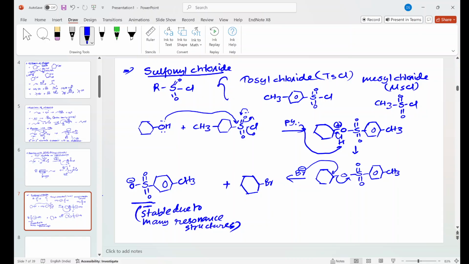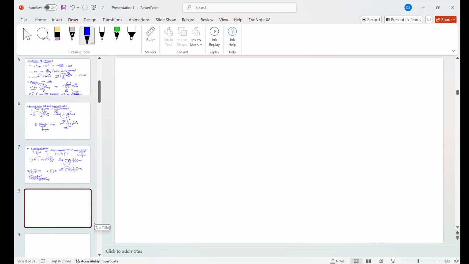Okay, that is why the reaction moves to the forward state. And then, one of the key advantages of these reactions is, you can get the exact stereochemistry that you want from the starting materials using this technique.